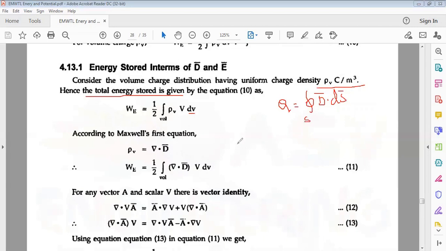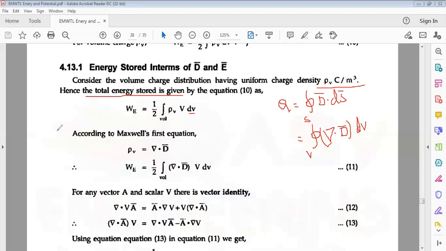This is a surface integral. And convert this surface integral to the volume integral by using the divergence theorem: del dot D bar into dv.